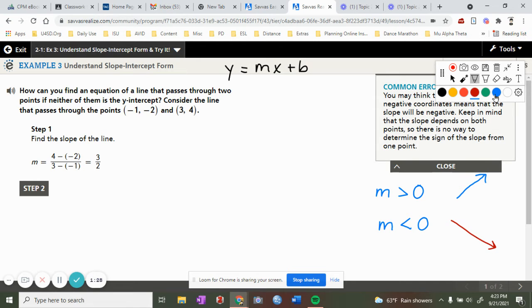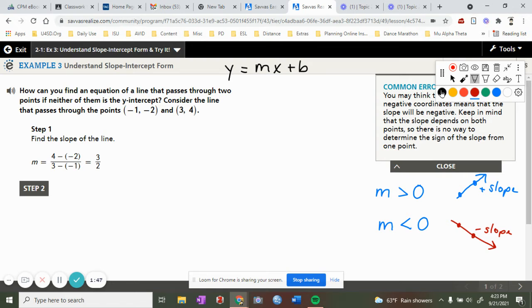Okay, so this is positive slope, and this red one is negative slope, and it is determined by 2 points on the line. So we cannot determine the slope from 1 point alone.